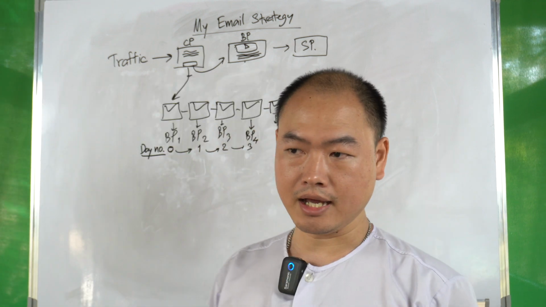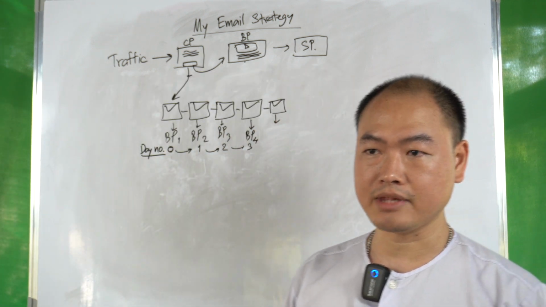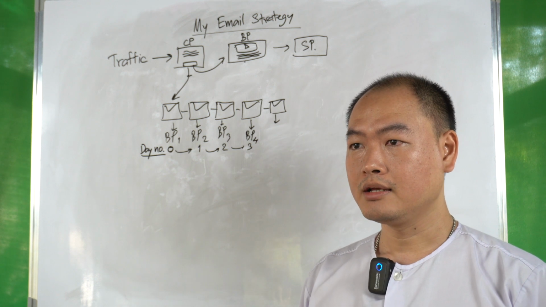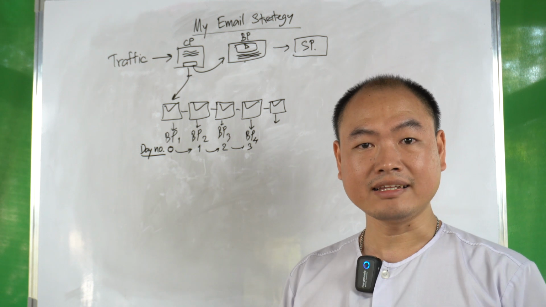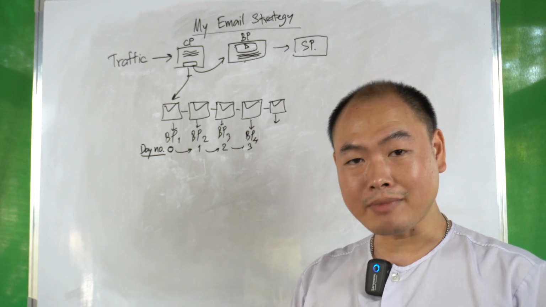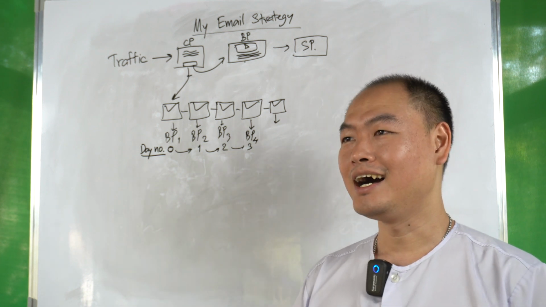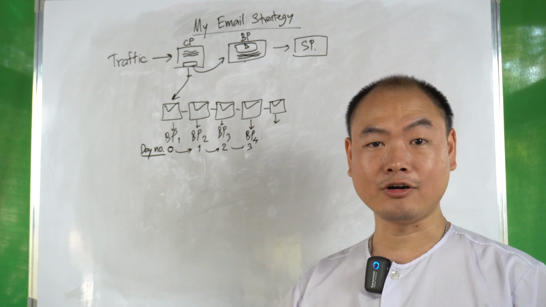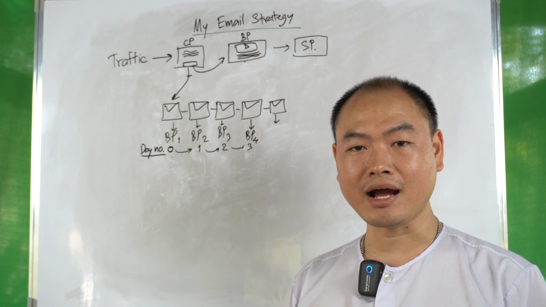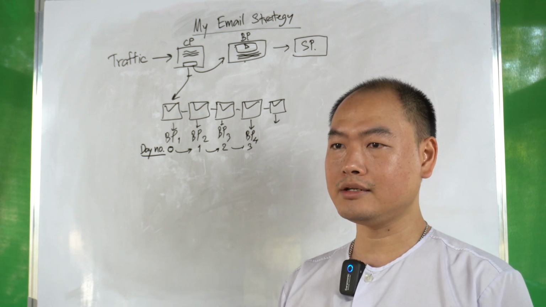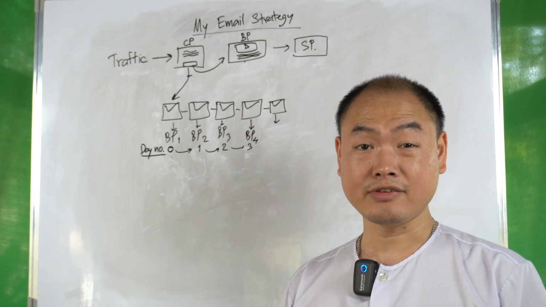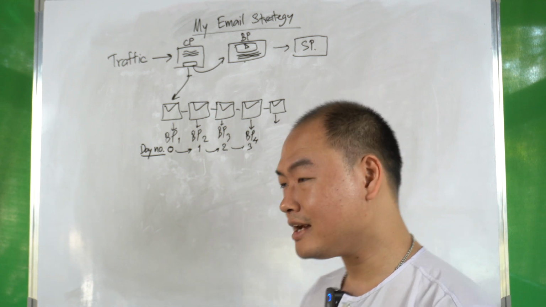For example, in my capture page, I would say something like, this is the formula that I use in order to quit my job, after failing for a long time with affiliate marketing, and this helped me quit my job and make $500 per day or something like that.